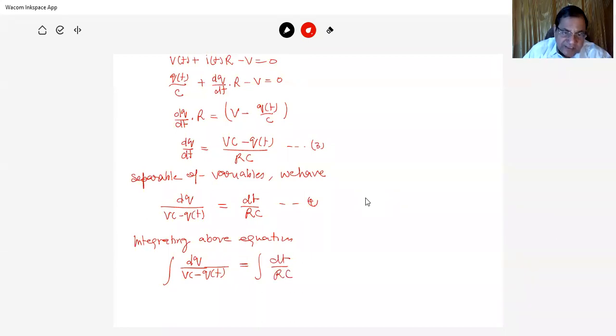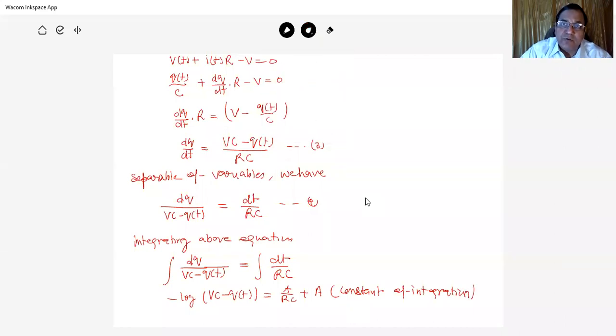So if we integrate, then we find minus log (Vc minus q(t)) is equal to t upon RC plus A. A is known as constant of integration. अब ये कांस्टेंट ऑफ इंटीग्रेशन की वैल्यू को हम फाइंड आउट कर सकते हैं. कैसे?